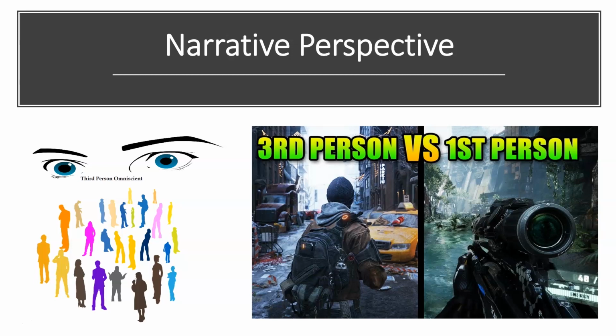So, for example, if it's written in the first person narrative, like in this picture here, the reader shares a very personal, very direct kind of experience with the character or with the narrator. As a result, there's a sense of immediacy that is being created, and that's the effect.